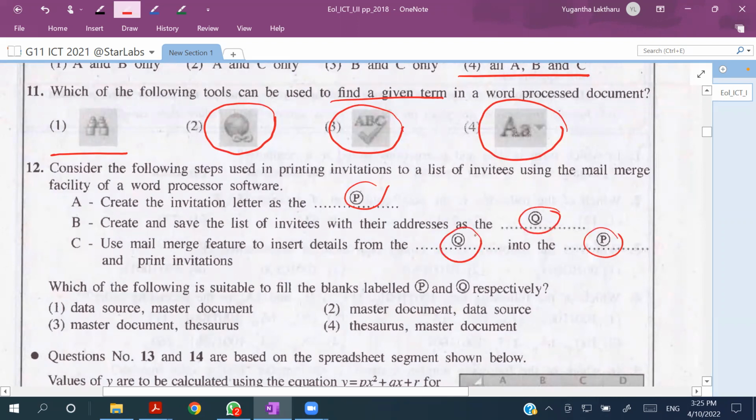So create the invitation letter as the master document, right? That is what we can go with from the things they have produced here. So it's not the third, it's not the first one. Yes, it's not the fourth one.